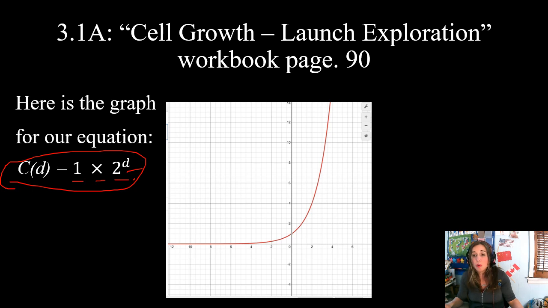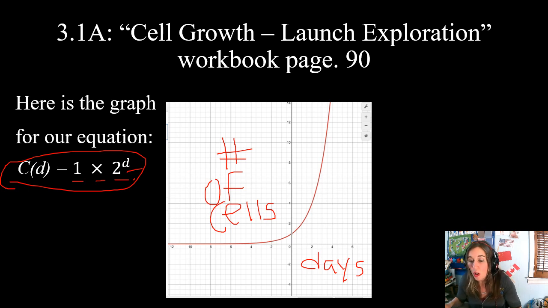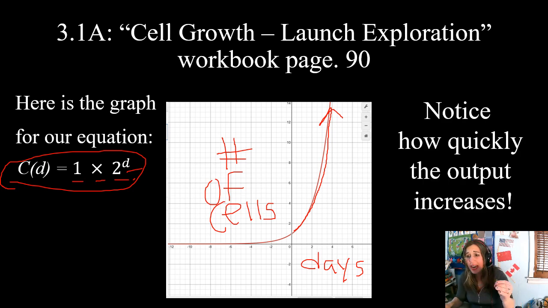I want you to notice, guys, remember our days are down here. This is our days. That was our input. And this is our number of cells. That's our output. Guys, look at this. Look at how quickly this increases. It's insane, right? So after only 4 days, look how much the number of cells have jumped. Exponential growth is crazy. Notice how quickly the output increases, you guys.